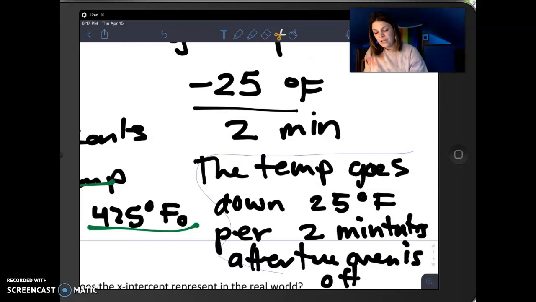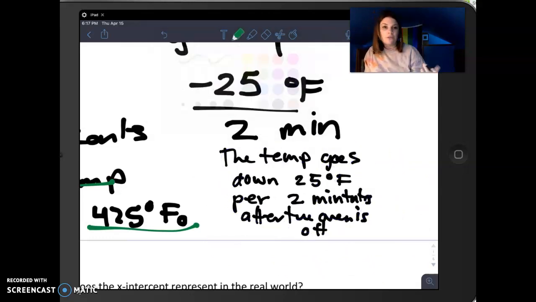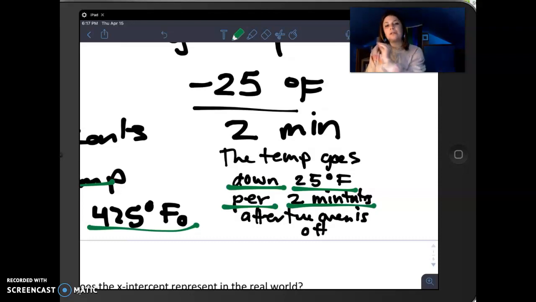And again, there are lots of different ways to say this sentence, lots of different ways to get this right. The most important thing you need to have in this sentence is that you understand it goes down because it's negative 25 degrees Fahrenheit, having a unit; per, understanding that's a rate, so for every 2 minutes, having the x value, understanding that the bottom of the fraction is a number of minutes; and then understanding that it's after the oven is off.